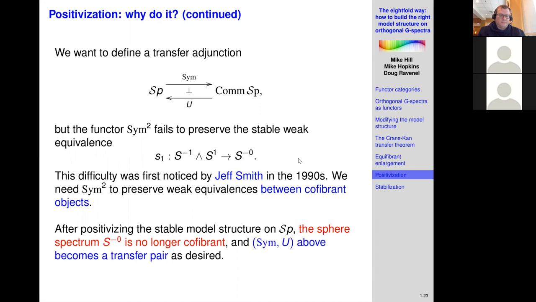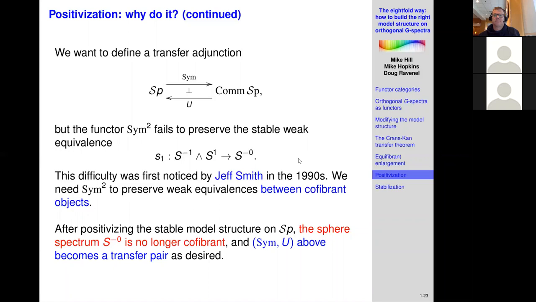So our problem disappears and we get ourselves a transfer adjunction. So we have to positivize the model structure in order to be able to build a stable model structure on commutative ring spectra. And this problem was first noticed by Jeff Smith in the 90s.